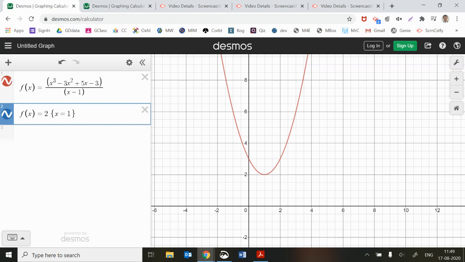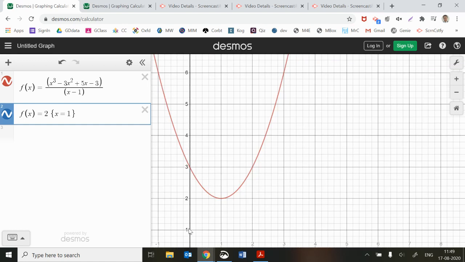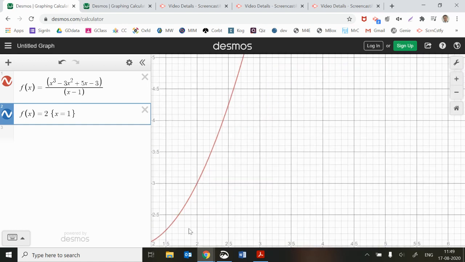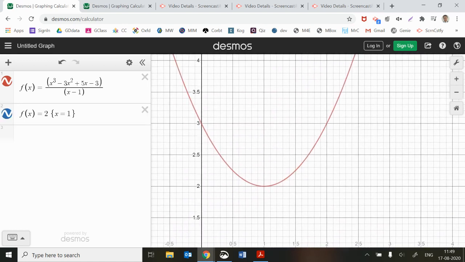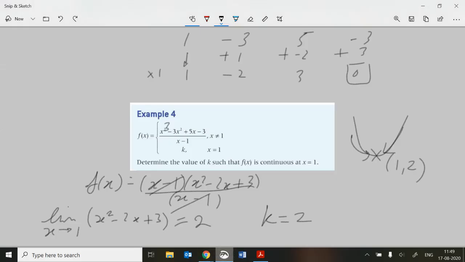Now again, you can't really zoom into that point and find that there's a missing point, because there are points which are infinitely close to that point, so it will plot those points. And so however close you zoom in, you are still nowhere near getting infinitely close. So the graph will obviously look continuous, but in fact it's not continuous unless you say that when x is equal to 1, f of x is equal to 2.